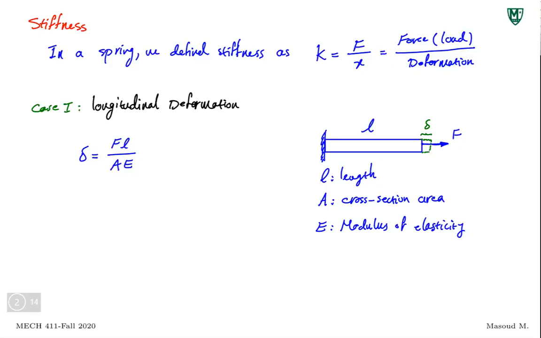Now look what we got. We already have a relationship. As I said, all I need to do is find the relationship between force and deformation. So we already have it. If I move things around, F is equal to AE over L times delta. This is my force or load. This is my deformation.